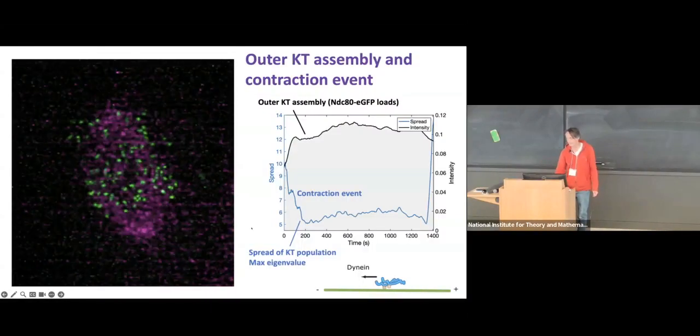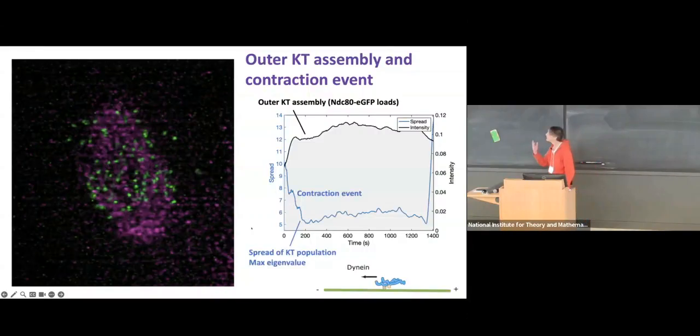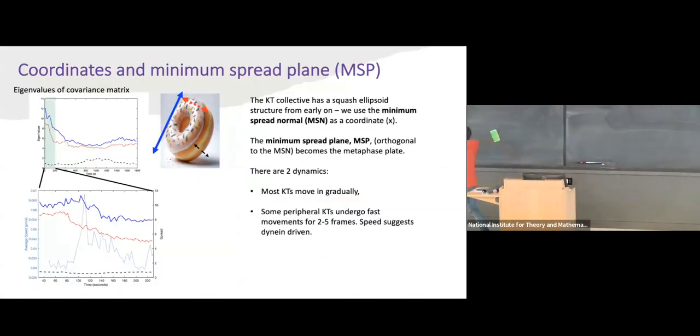Okay. So we quantify the shape of this collective of kinetochores by looking at the covariance matrix. A covariance matrix has 3 eigenvalues. We've got a small one. We always have a small one. So the collective is like an ellipsoid and it's squashed.